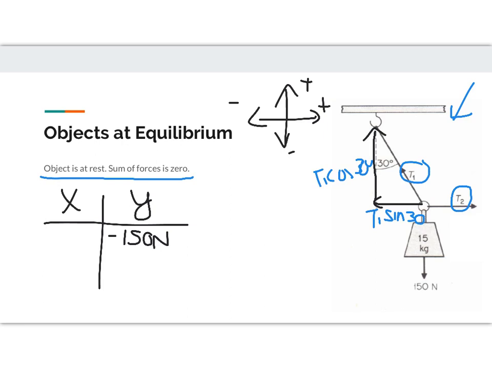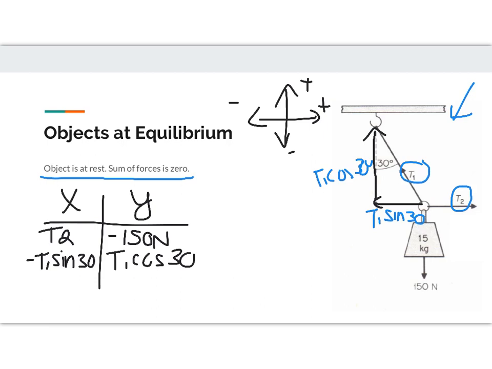And then T2 is going to be positive in the x. Now I have that T1 that's broken up in x and y. In the x direction, I have negative T1 sine 30 degrees, and in the y, I have positive T1 cosine 30 degrees. Now, this object is at rest, which is really important to us.